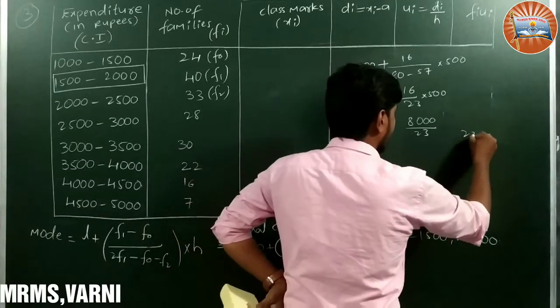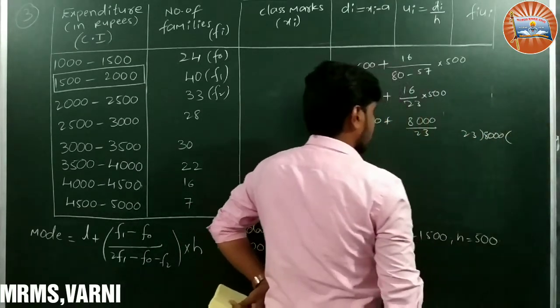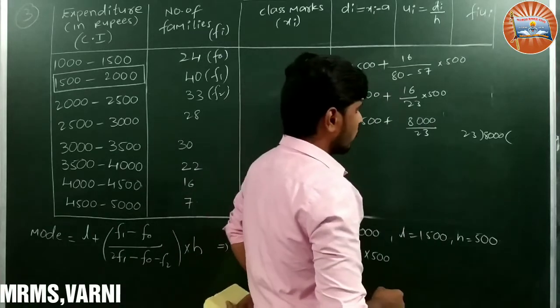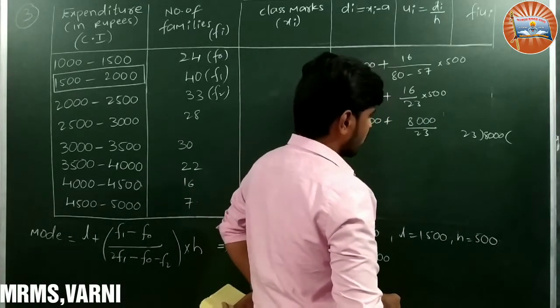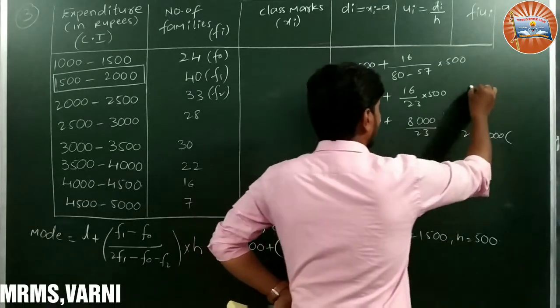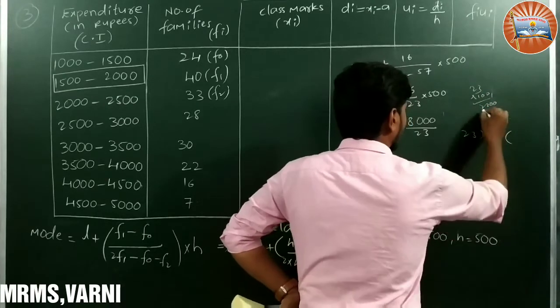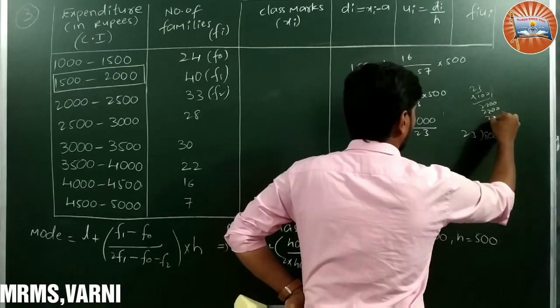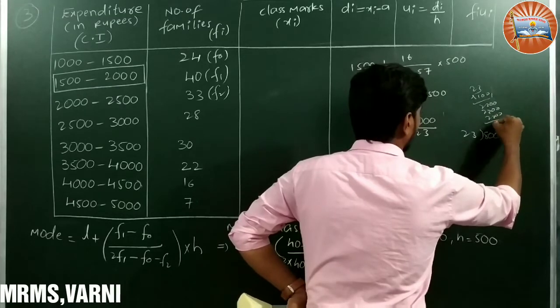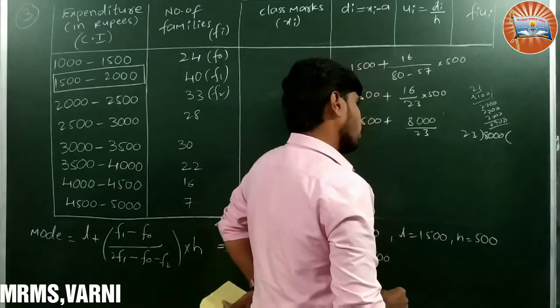So take the division here. 8000. 23 into 100 is 2300. Again 2300, again 2300, that is 6900.